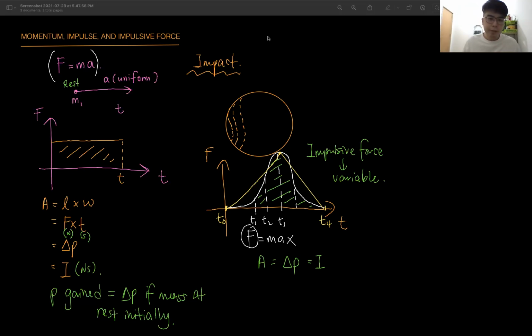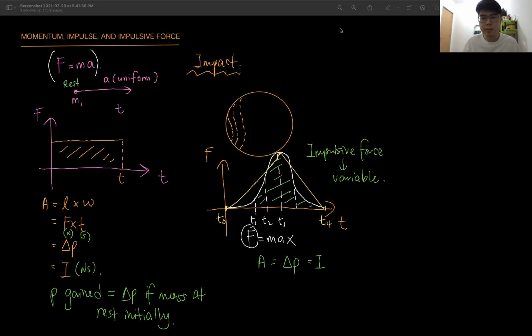Now, the average force, not average force, the impulsive force, it is changing over time. So how do we calculate it? If I want to calculate the impulsive force itself, the way you calculate it is we take the average value, because it is changing. So we cannot get one value. We have to get the average.